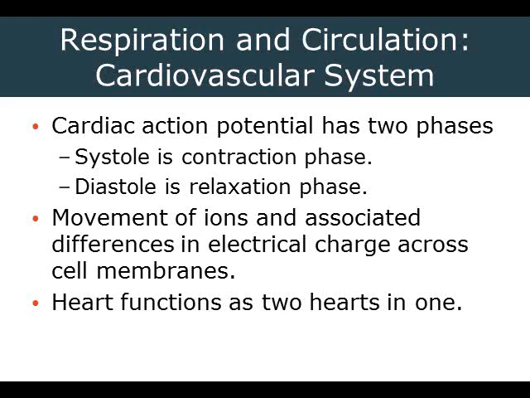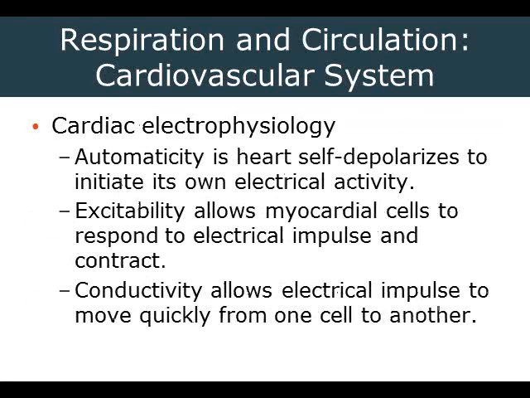But when things move, there's just a very slight difference in the amount of electricity that they carry. And the heart really functions as two pumps in one. We have the left side versus the right side, and the left side, of course, takes care of the systemic circulation, and the right side takes care of the pulmonary circulation. So it does the same thing twice, kind of.